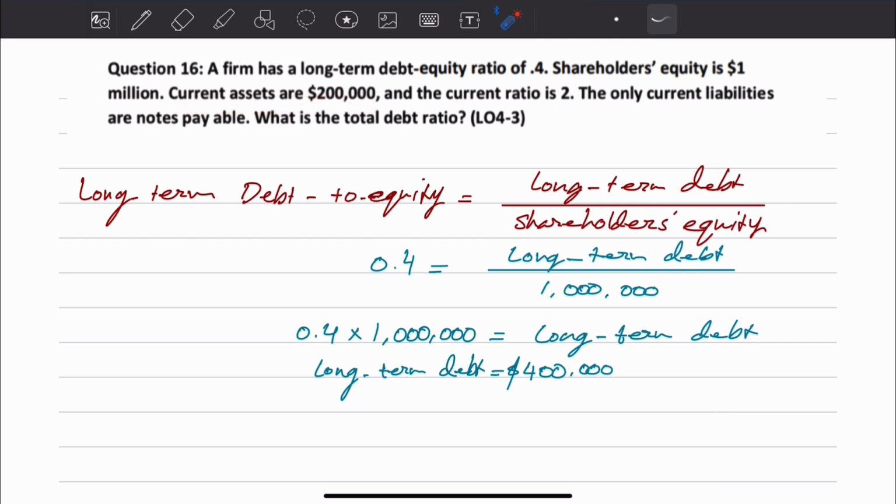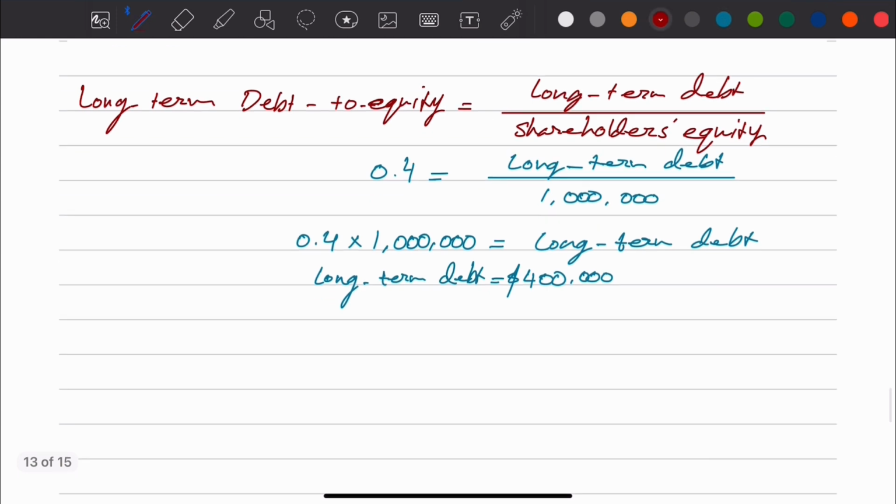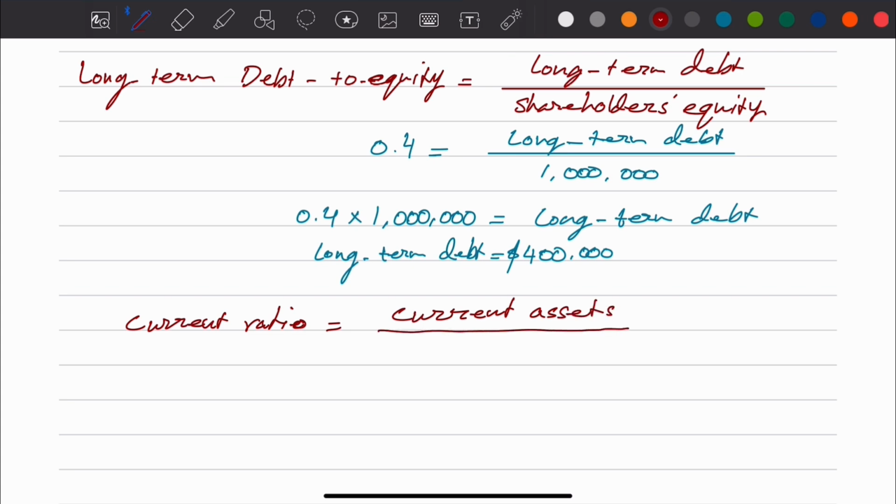So, quickly remind ourselves of the current ratio formula. Current ratio equals current assets divided by current liabilities.